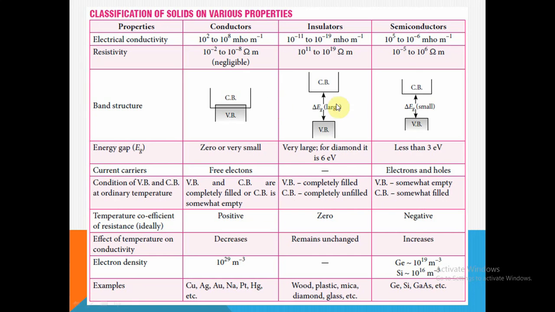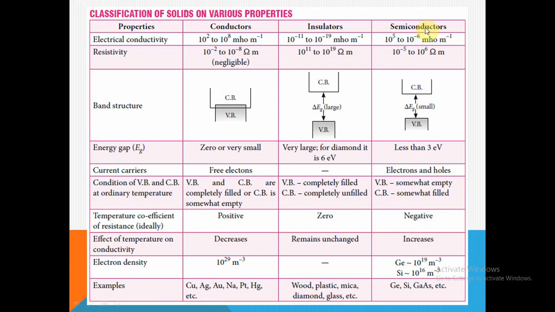These band structures we already studied in the previous class. In case of conductor, there is an overlap of conduction and valence band, or there is a zero gap. For insulator, there is a large gap, measured in electron volt, and it is known as the energy band gap.